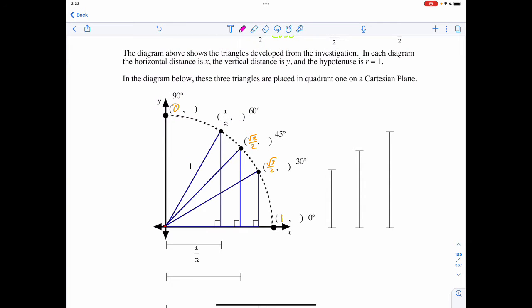My sine values are going to go 0, 1 over 2, root 2 over 2, root 3 over 2, all the way up to 1.